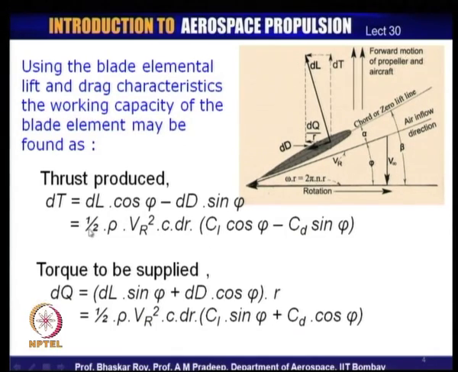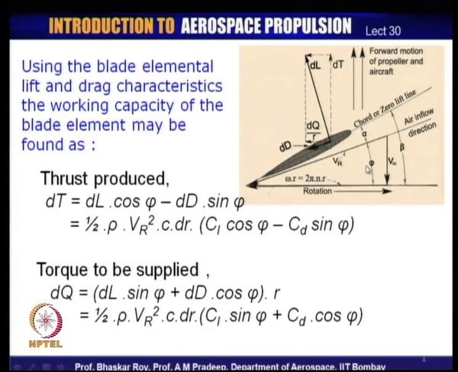The first part, half rho V_r square c, is the dynamic head which is created, and C_L is the characteristic of the propeller blade section. C_D also is a characteristic of the propeller blade section under consideration.